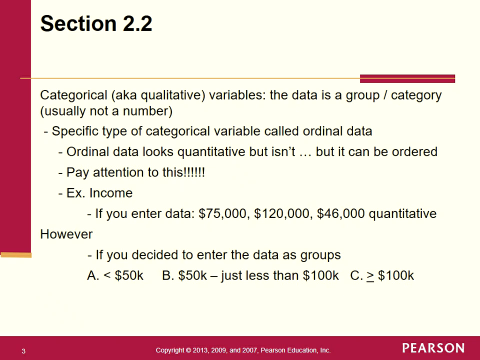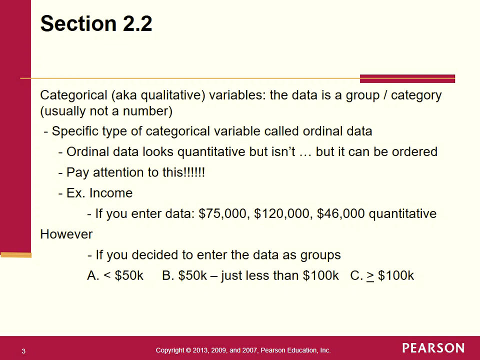You don't know how much bigger the second person's group is from the first person's if you just put Group 1, 2, 3 or A, B, C. So once you do that, you've changed this into a categorical variable that is actually what? Ordinal, because there's some order to this. Group B is higher than Group A, Group C is greater than Group B, but that's all you know.